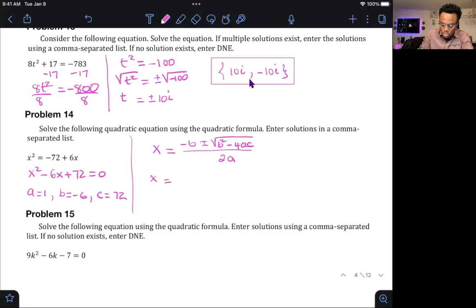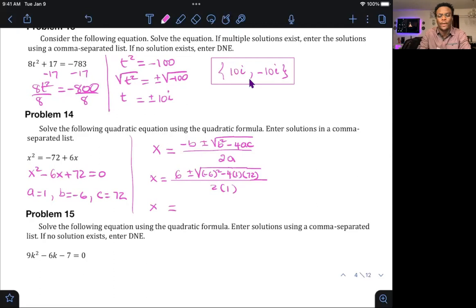So x equals negative b, b is negative 6, so negative b is positive 6, plus or minus the square root of negative 6 squared minus 4, a is 1, c is 72, over 2 times the value of a, that is 1.